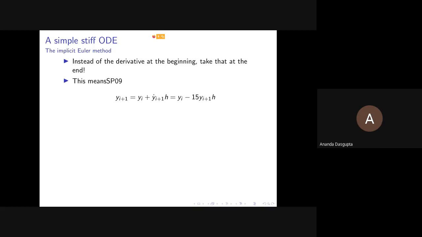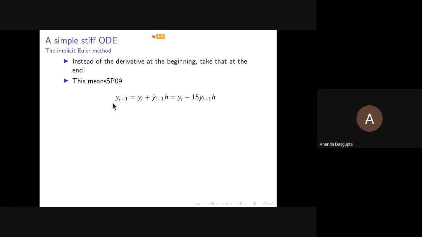The difference between the Euler case and this one is in the Euler case, it was a formula for calculating yi plus 1. You had yi minus 15 yi h, which means you already know everything on the right hand side. You just use that as a formula and find out what yi plus 1 is. On the other hand, here you are looking at this as an equation for yi plus 1. You just move this whole thing to the other side.